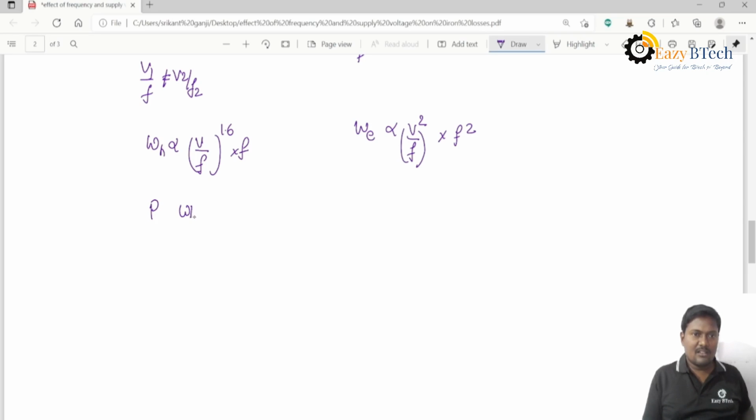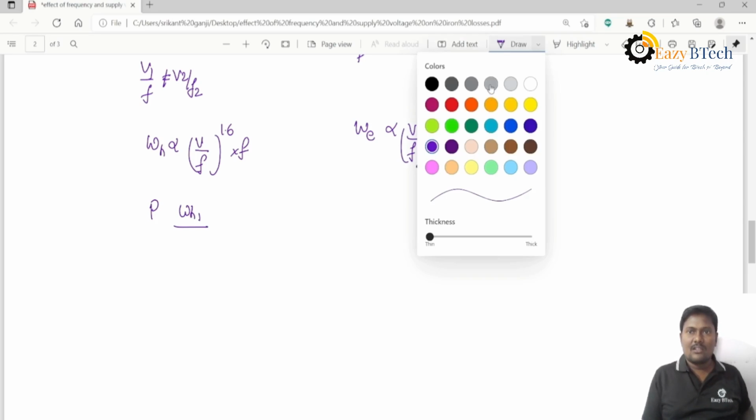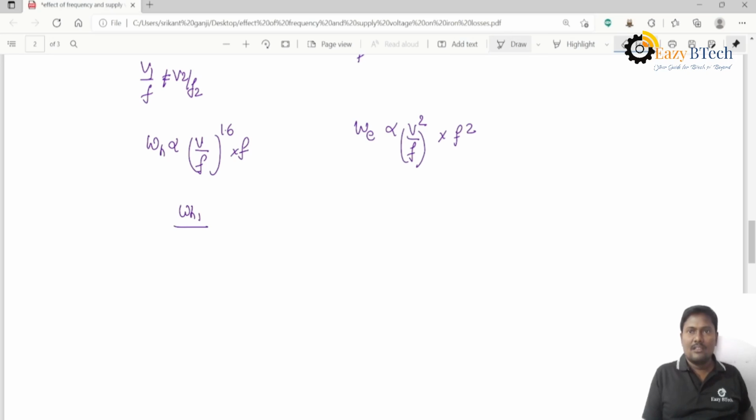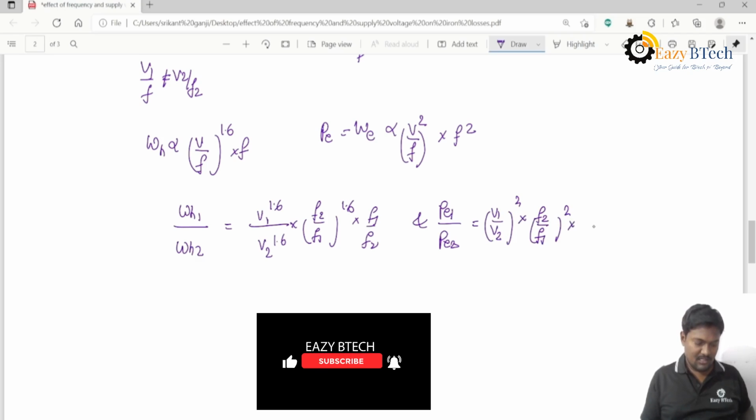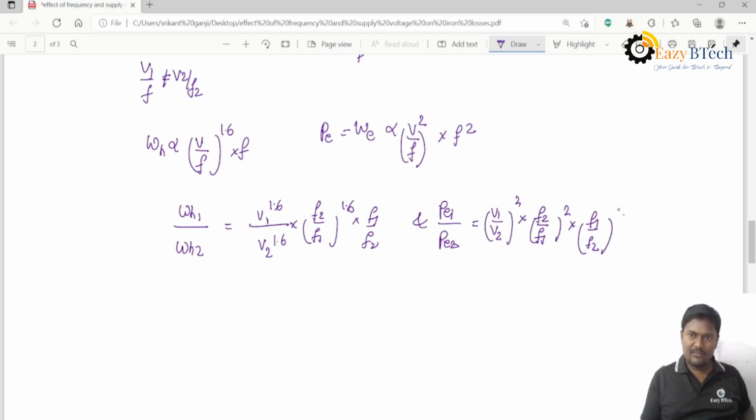Hysteresis loss 1 divided by hysteresis loss 2 is V1 power 1.6 divided by V2 power 1.6, F2 divided by F1 whole power 1.6 into F1 divided by F2, and eddy current losses 1 divided by eddy current losses 2 is equal to V1 by V2 whole square into F2 by F1 whole square into F1 by F2 whole square.